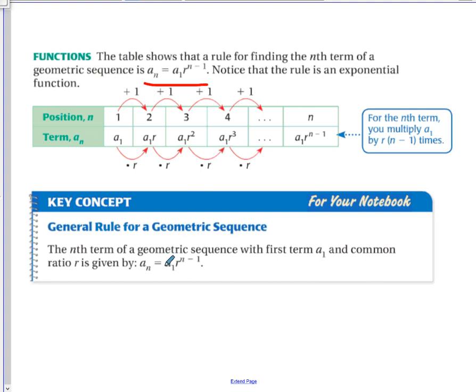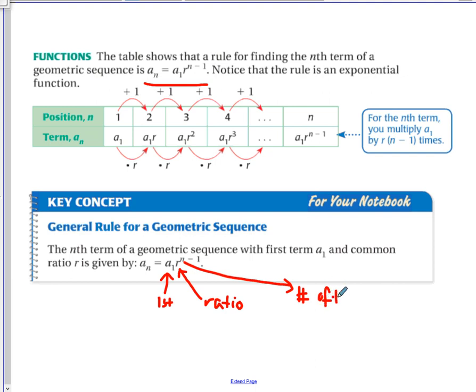All this means is that a_1 is my first term, r is my ratio, whatever it's being multiplied by. So if it's going up by 2, it would be 2. If it's going down by 1 half, like the function we've been working with, it would be 1 half. And n is just the number of the term that you're dealing with.